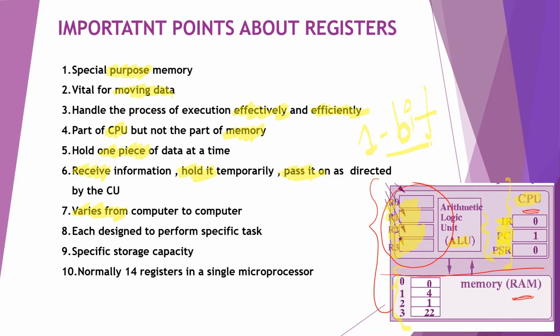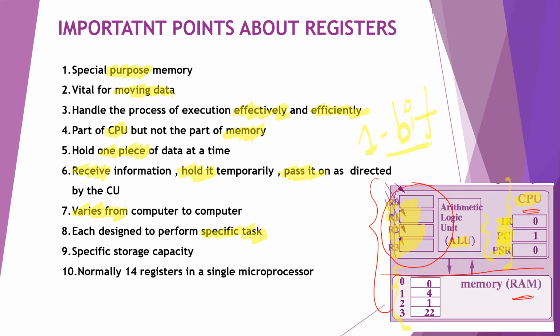We will see that in the next slide, because we have many different types of registers, and each register has been designed so that it can perform some specific task only.